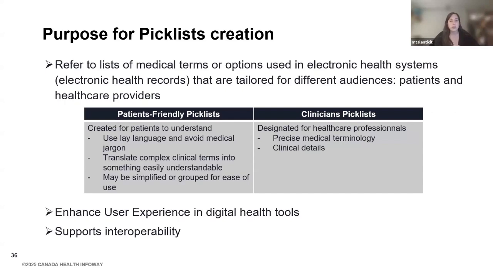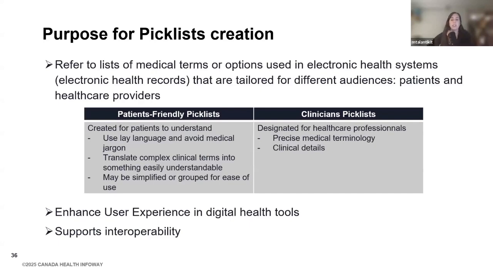It's really important to have two different pick lists because the need for each audience is different. So for the patient, they would like to have the complex clinical terms translated to something easy to understand. Usually we use lay language, avoid any medical jargon, anything that is really simplified.